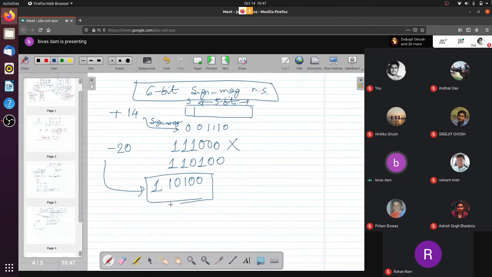But actually, why have we gone for the signed number system at all? What was the driving force? What is the requirement? Why did you go for that?